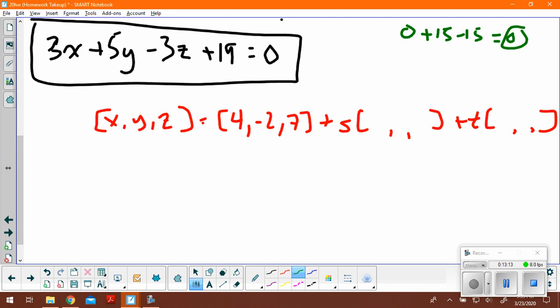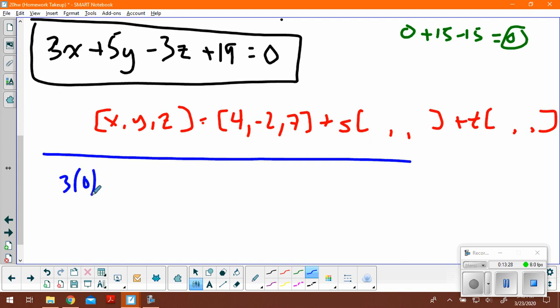Thinking ahead here, if I add 6 to 19, I get 25. So that could give me some nice numbers to work with. So for example, let's let x equal 0. So I have 3 times 0 plus 5 times y minus 3z plus 19 equals 0.